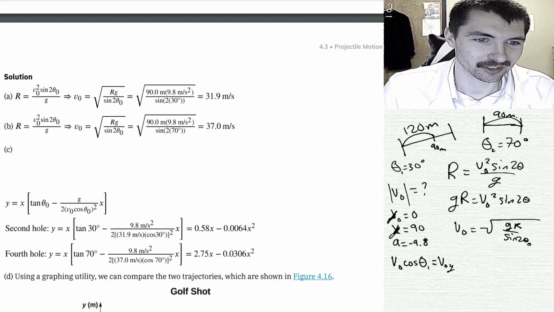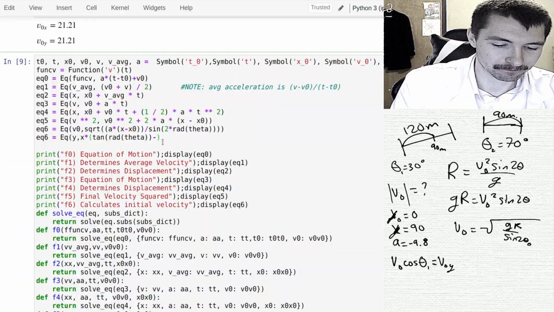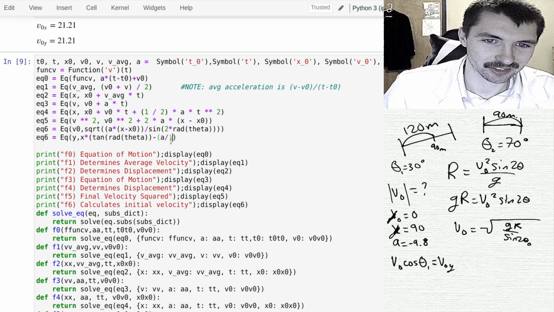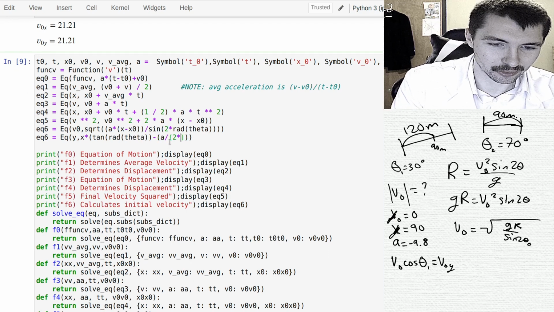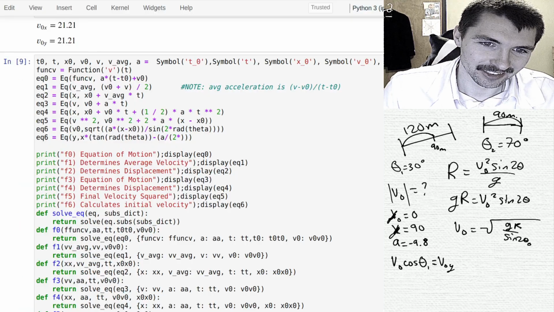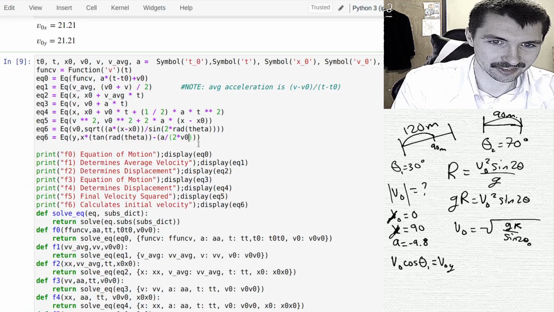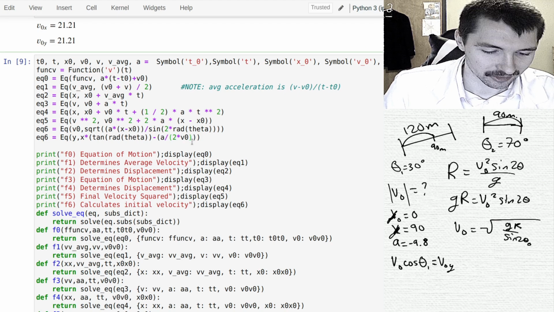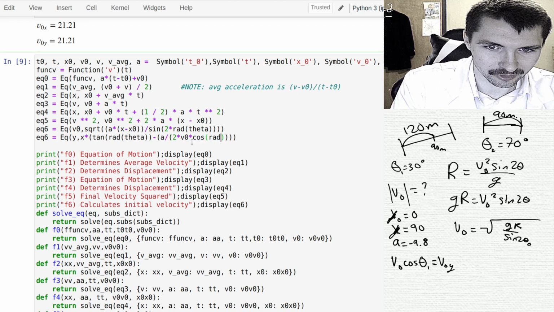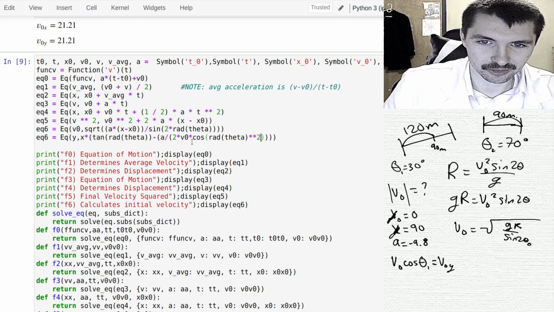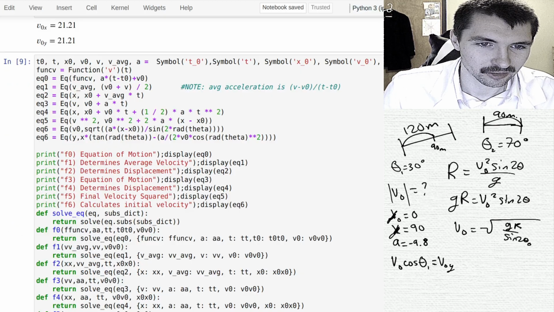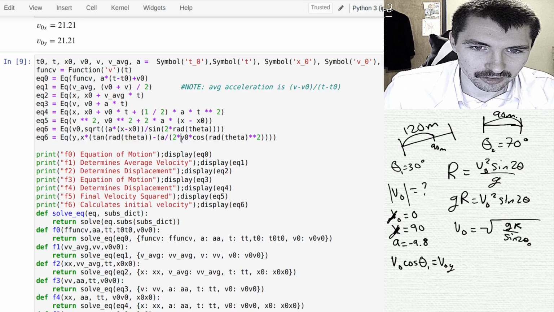Minus a divided by 2 times v naught cosine theta squared. Cosine rad theta squared. 2 times that. 2 times parentheses.